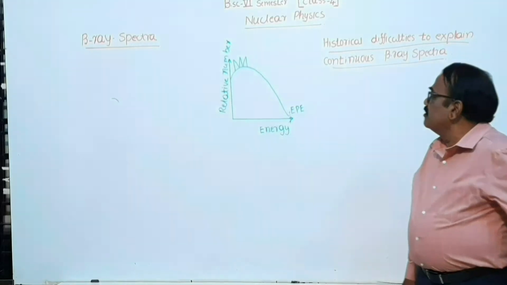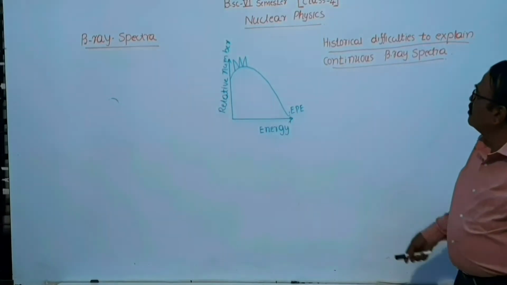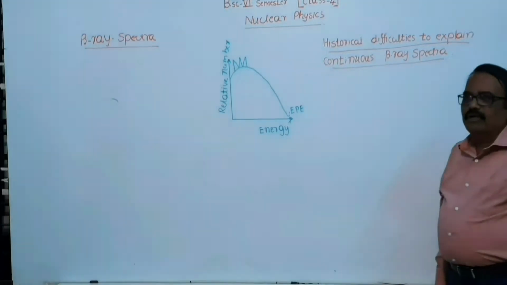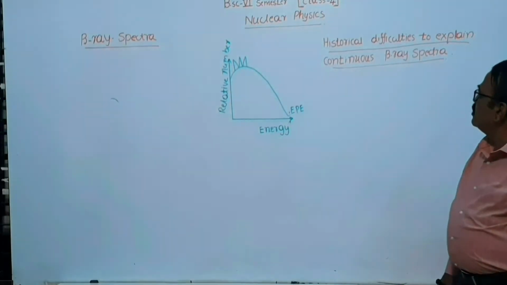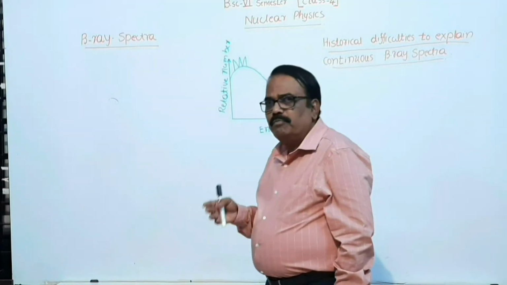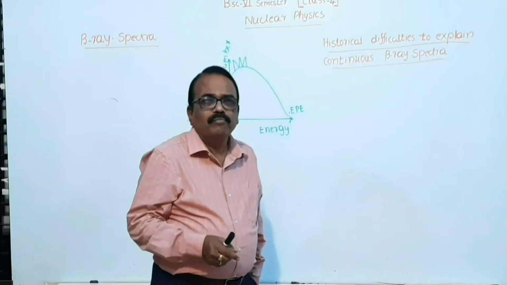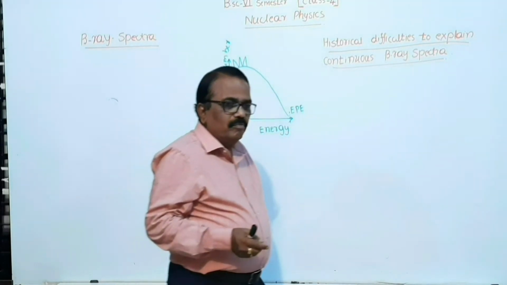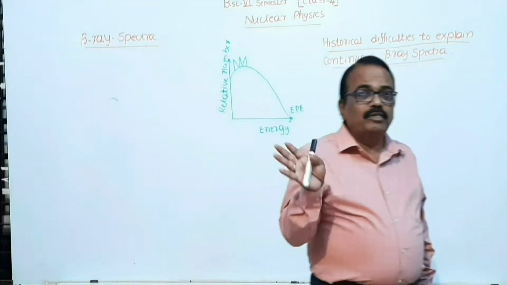Next we have to study the historical difficulty in explaining the continuous beta ray spectra. The continuous beta ray spectra emitted by the radioactive element gave a puzzling problem.